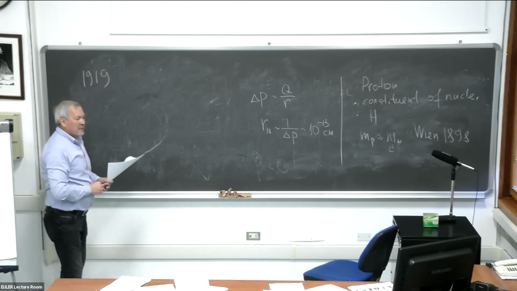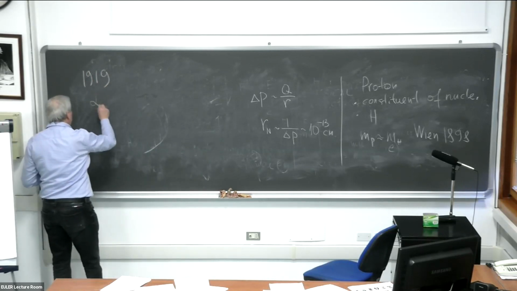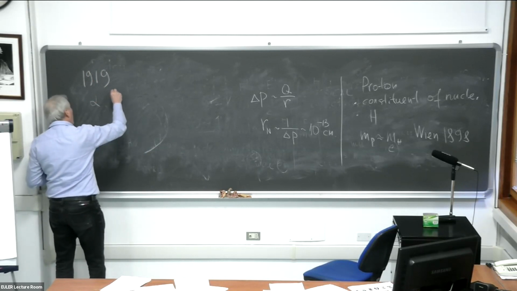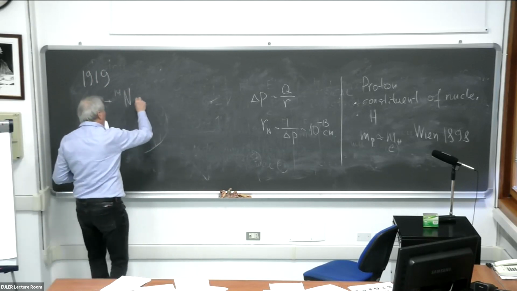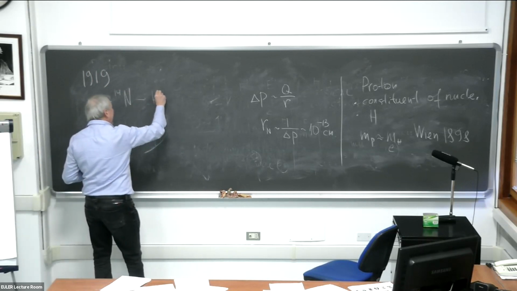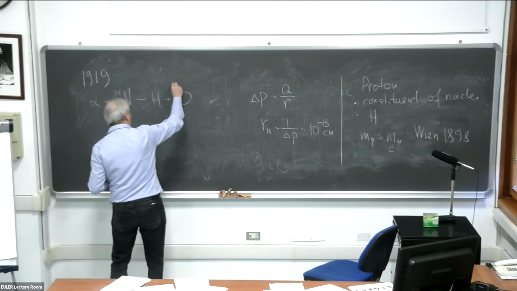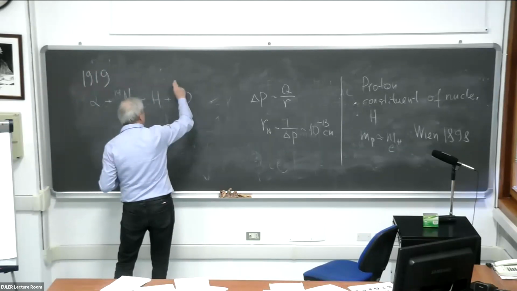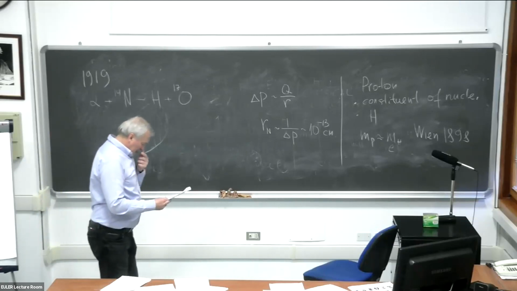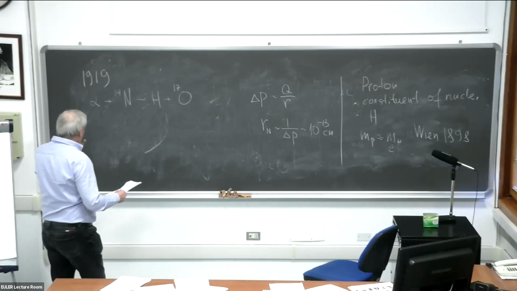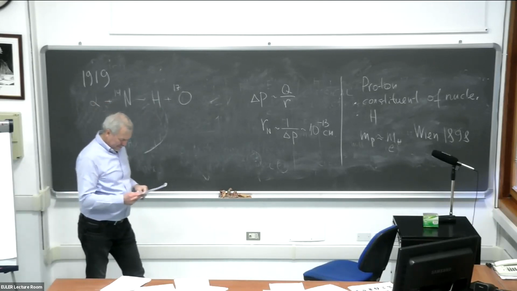When he observed for the first time nuclear transmutation, he scattered alpha particles again on nitrogen, and he saw in the final state hydrogen plus oxygen 17. And so the proton was identified as a nuclei of hydrogen.